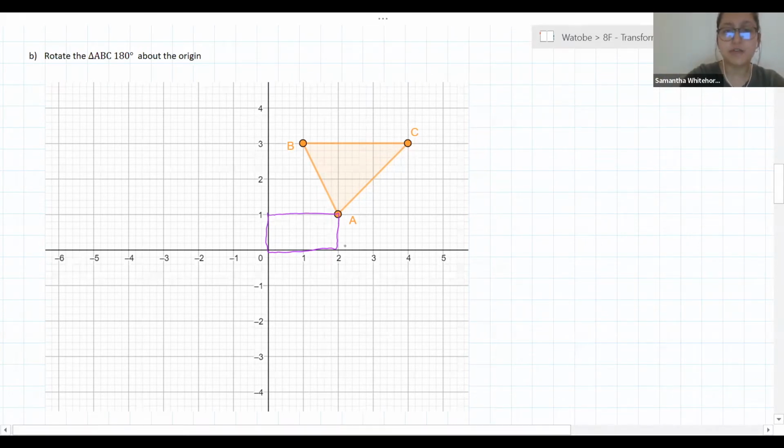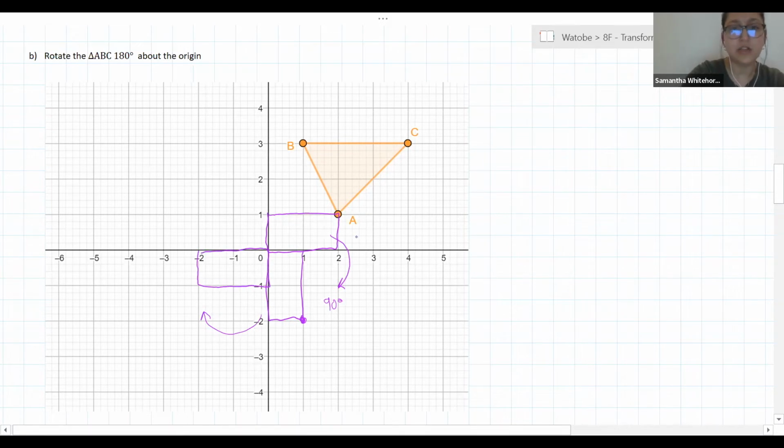So if I do my first rotation of 90 degrees, this rectangle turns and now ends up here with the new point A sitting at 1, -2, but that's only a 90 degree turn. I still have to go another 90 degrees. So this rectangle now has to turn another 90 degrees and ends up in this position here.